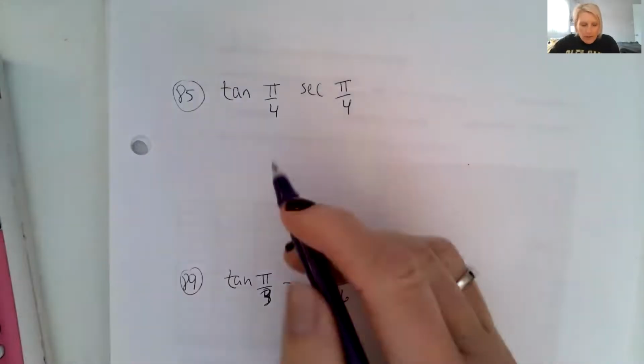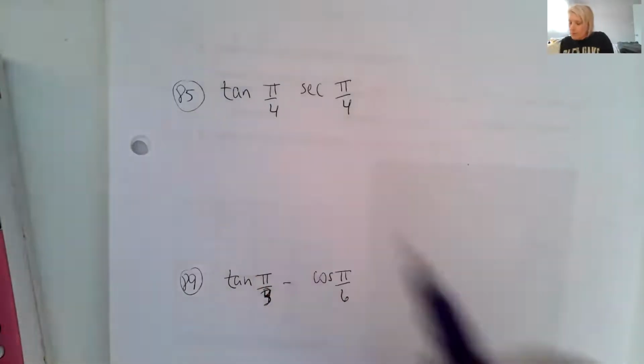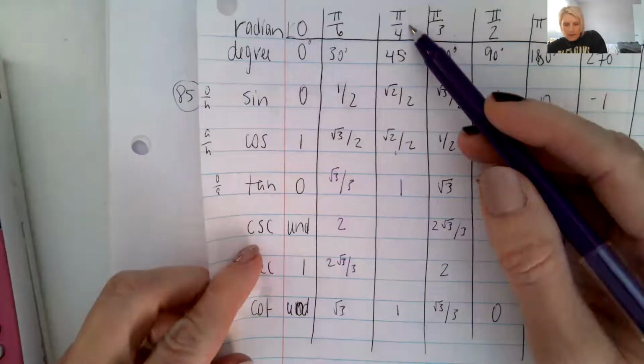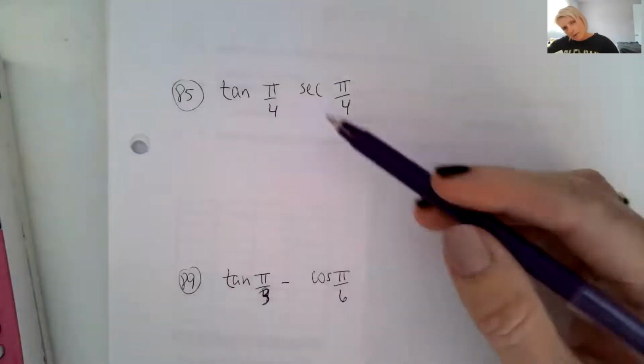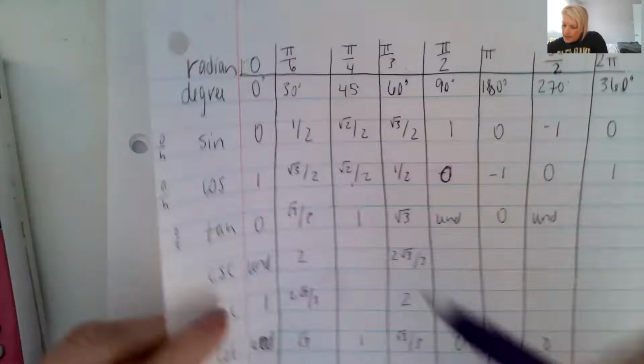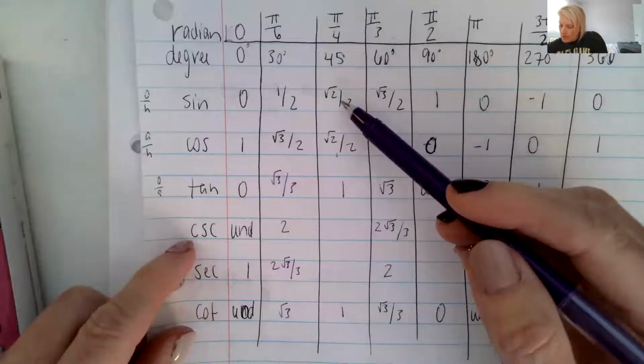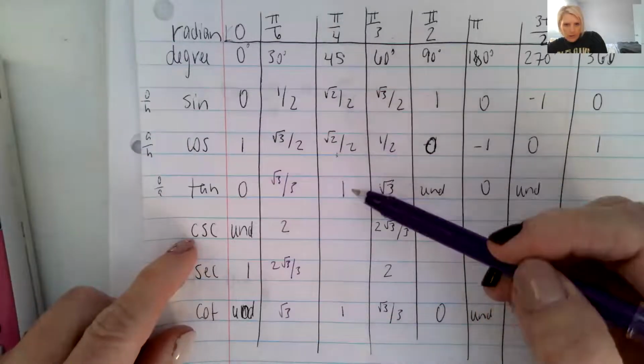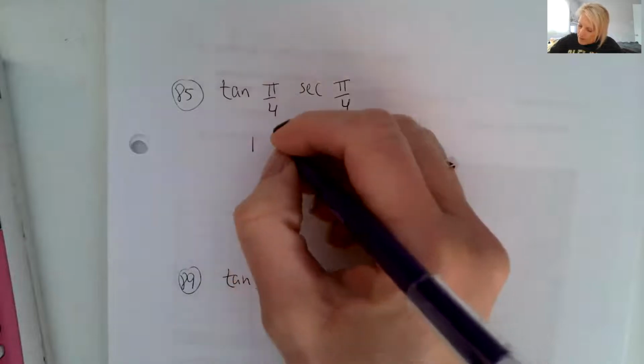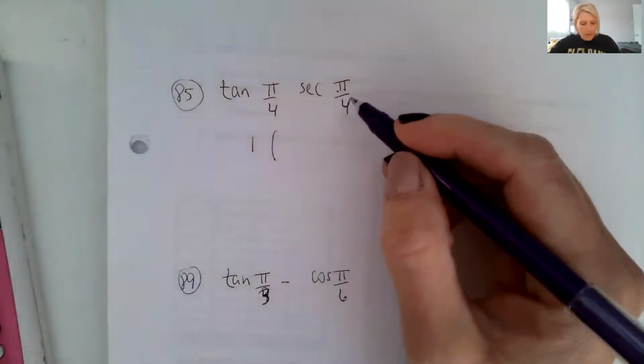So we have the tangent of pi over 4. Pi over 4 is the actual reference angle, and tangent at pi over 4 is sine over cosine, which is just 1 because they're the same. So that's just going to be 1 times the secant at pi over 4.